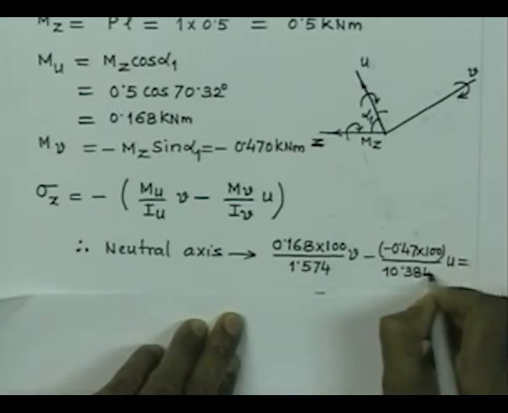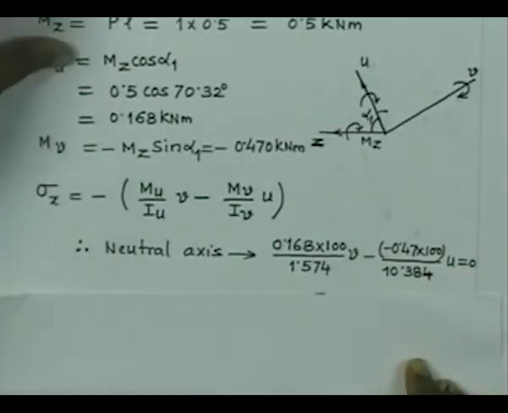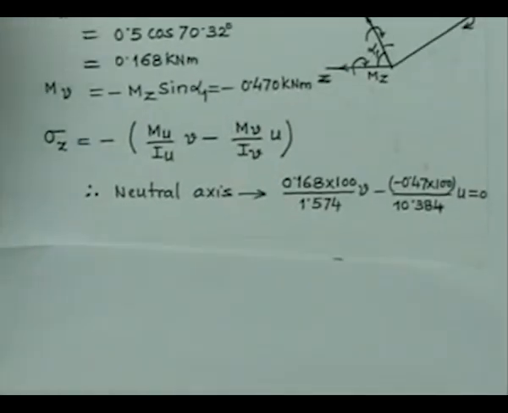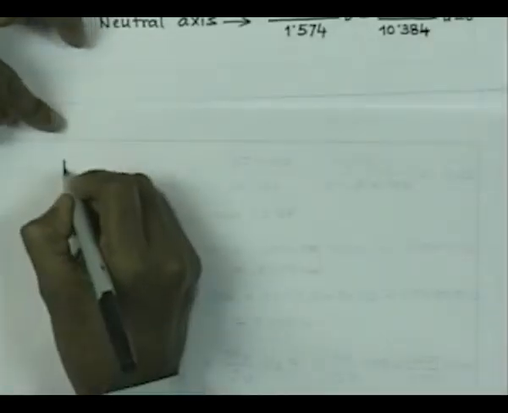So, that is the line which is going to have no stress acting at any point on it, and this line is going to be oriented with the positive u direction given by beta.